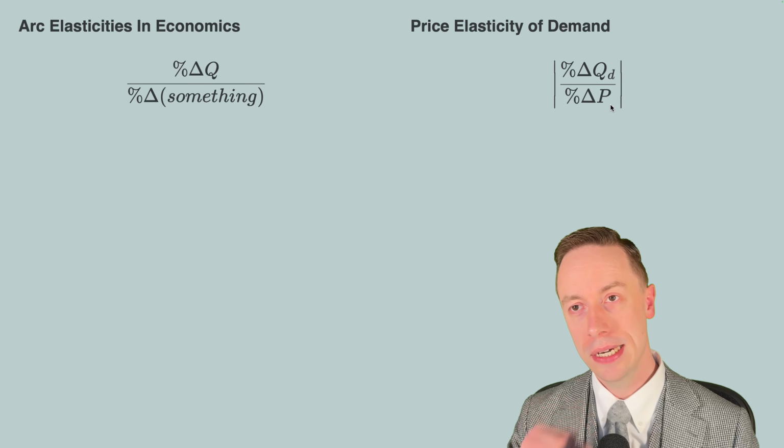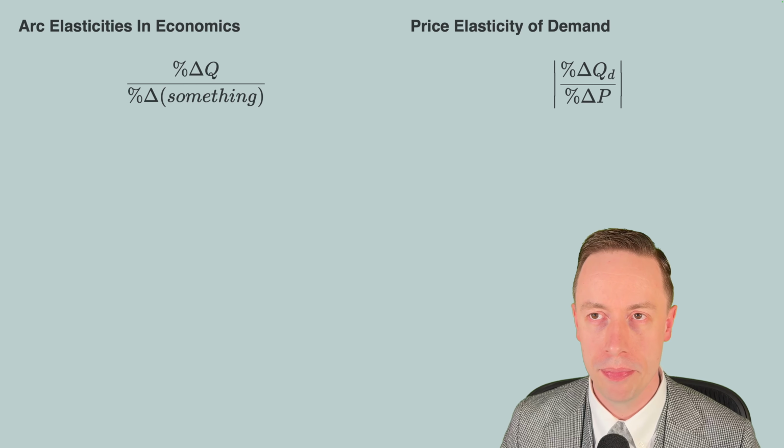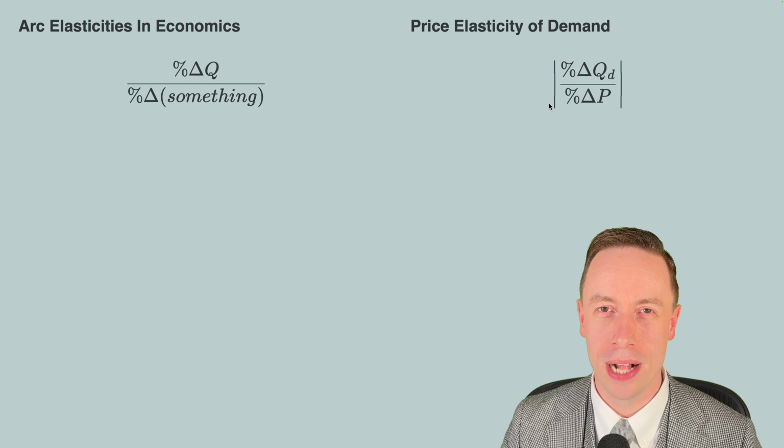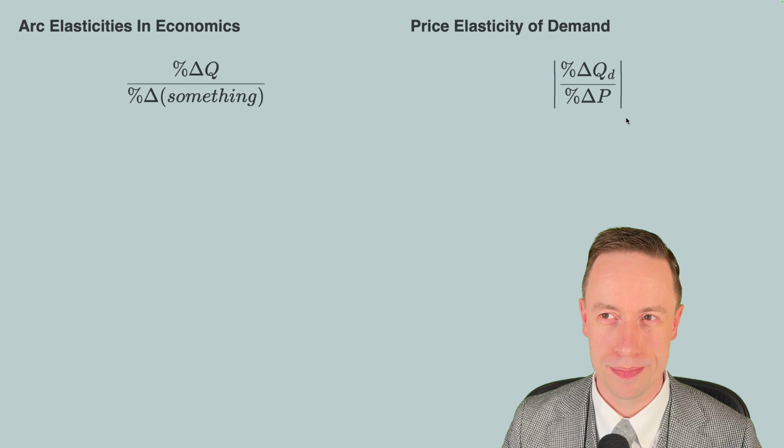Now, if you're eagle-eyed, you'll notice one extra bit here. We've got some absolute value bars on this equation. So this is a slightly annoying convention we have in economics. Consider the law of demand. When the price of a product increases, quantity demanded typically decreases, or maybe stays the same.